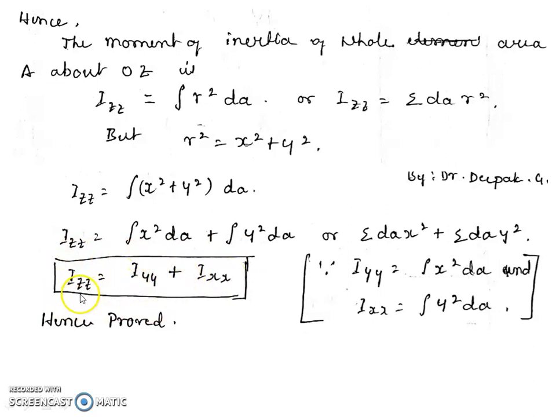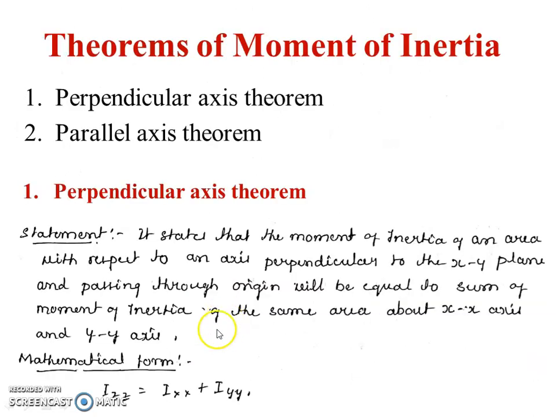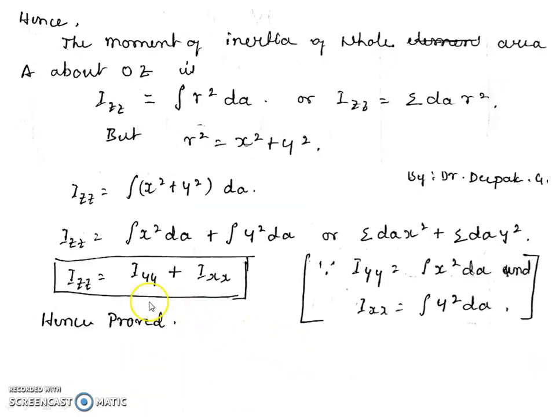So Izz, the moment of inertia with respect to the z axis, is equal to the moment of inertia with respect to the y axis plus the moment of inertia with respect to the x axis. Hence this mathematical equation is proved. This is the perpendicular axis theorem, a very important expression we have to remember.